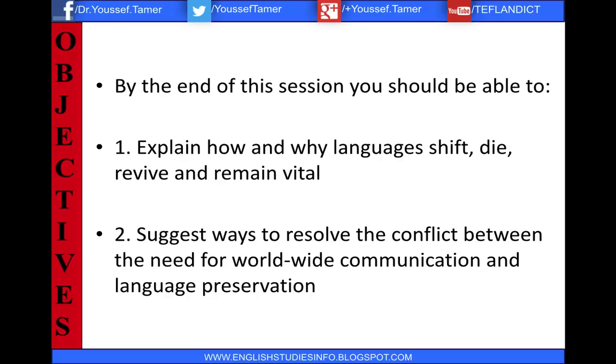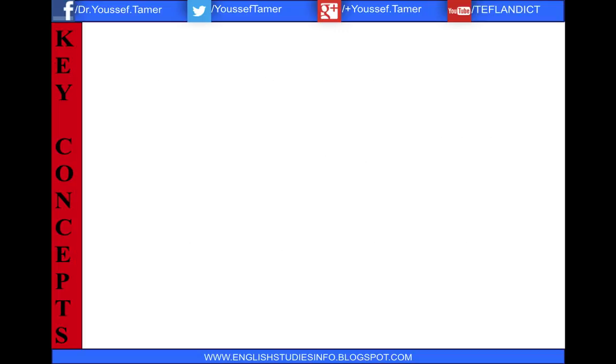We want to be open to others, but at the same time we want to preserve our language. In between these, we have situations of code switching, French entering our language, and so on. So you will be able to resolve this conflict between the need for worldwide communication and language preservation.